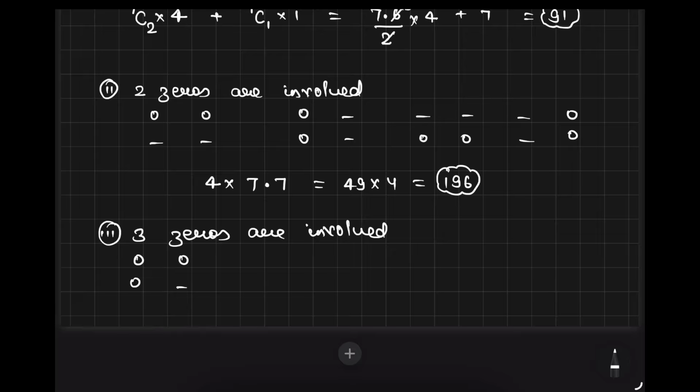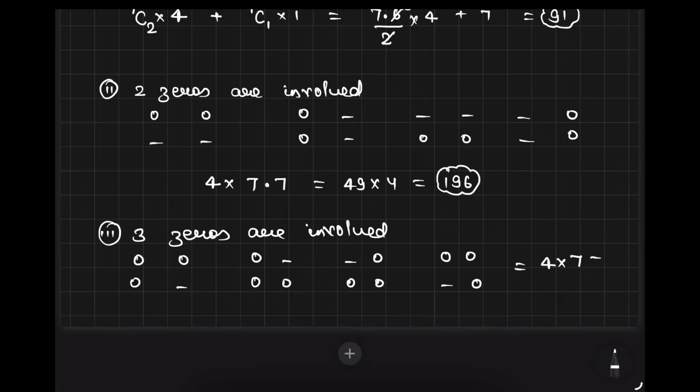Okay, now look at this again. 0 0 0, this again 0 0 0, this again 0 dash 0 0 0. Okay, so there are four ways. So under this scenario you will have how many cases? Four cases, and here you have how many choices? Seven choices.